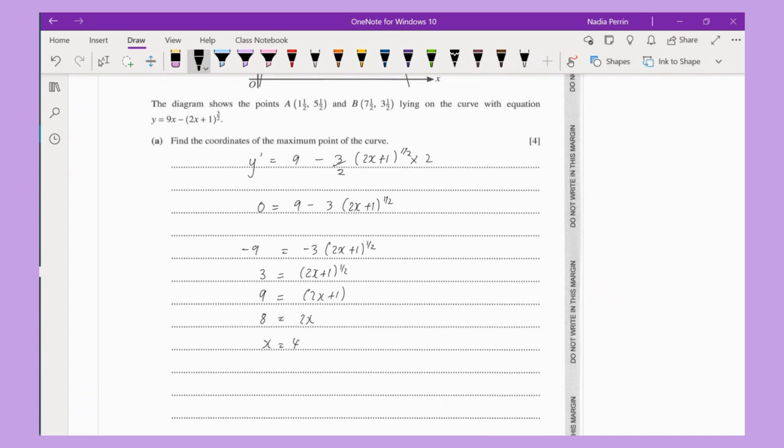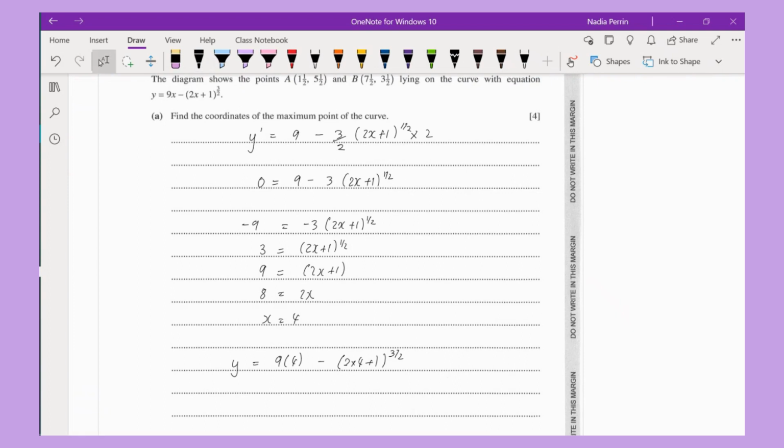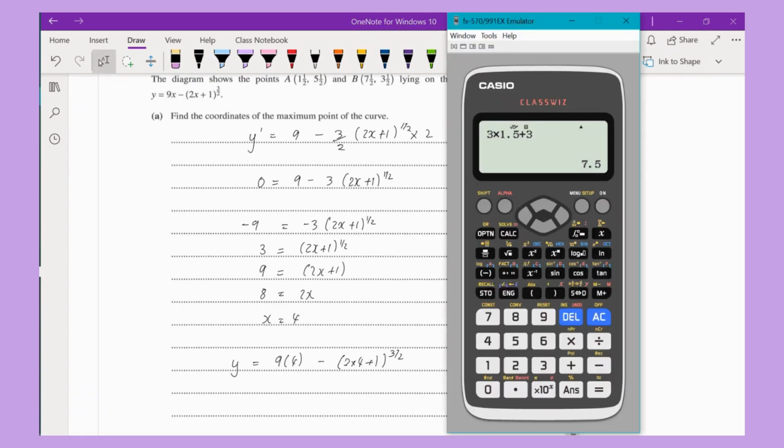Do need to find the coordinate, so we then need to put it in. So putting that on the calculator: 2 times 4 plus 1 to the power of 1.5 is 9.